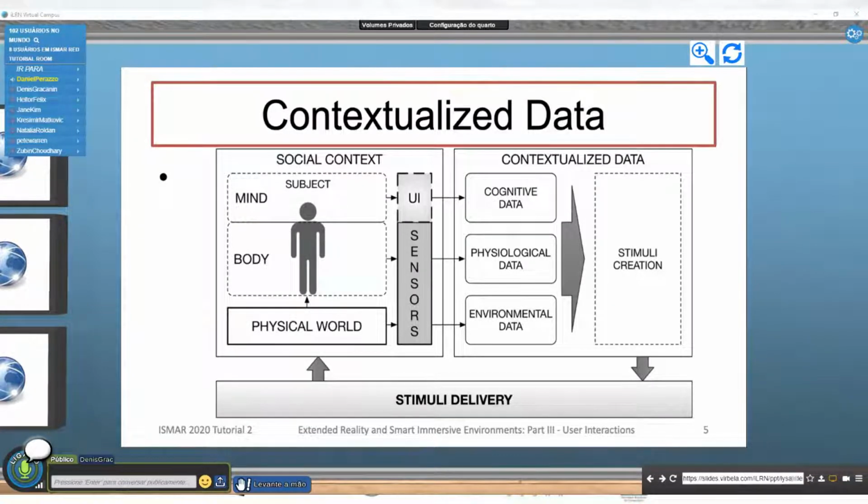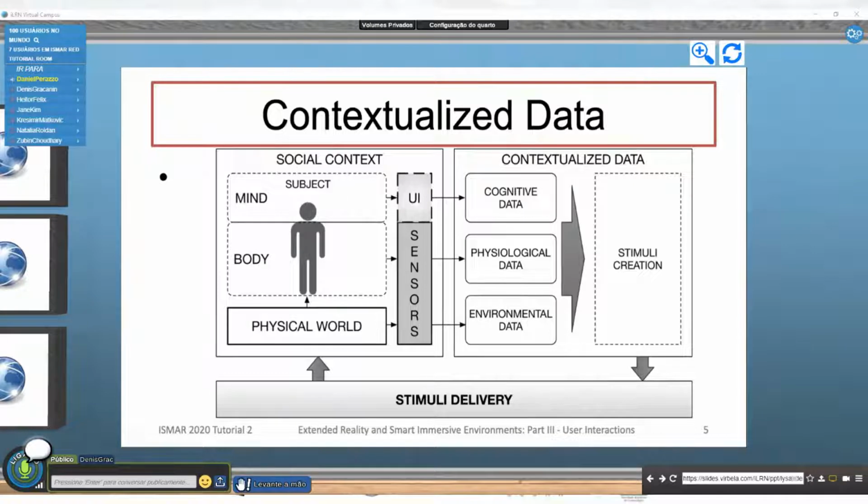As a consequence, from that physical world and social context, we are getting 3 streams of data: environmental data, physiological data, cognitive data. Those 3 streams of data combine together to provide context, and that context is then used for stimuli creation that is then being delivered back to the user.